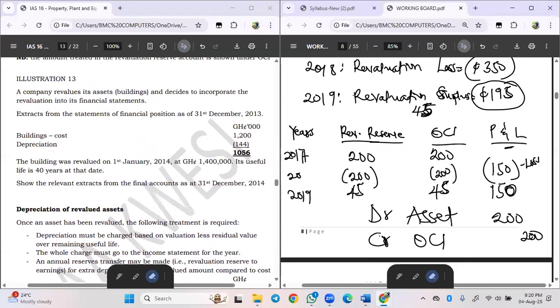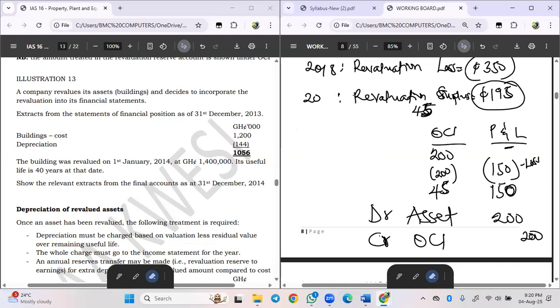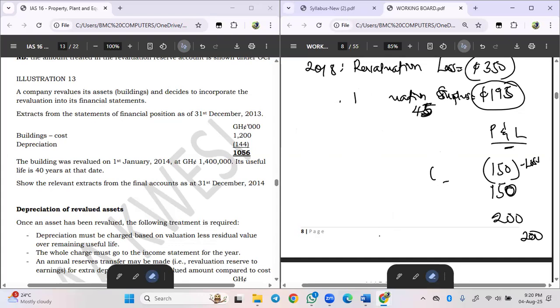Okay. Let's try illustration 13. And trust me, just try, because I think I've explained it to the best of my knowledge.